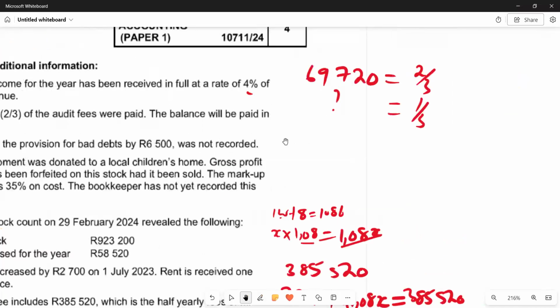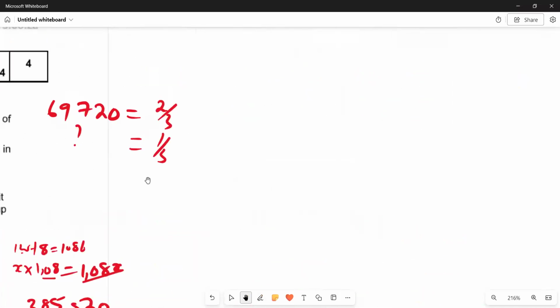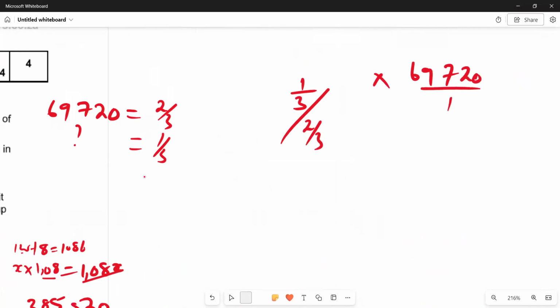So we use simple proportion. What we don't have is the numerator 1/3 over what we have, which is 2/3, and we multiply by 69,720 over 1. So we can just convert this fraction. This is the same as saying 1/3 divided by 2/3.